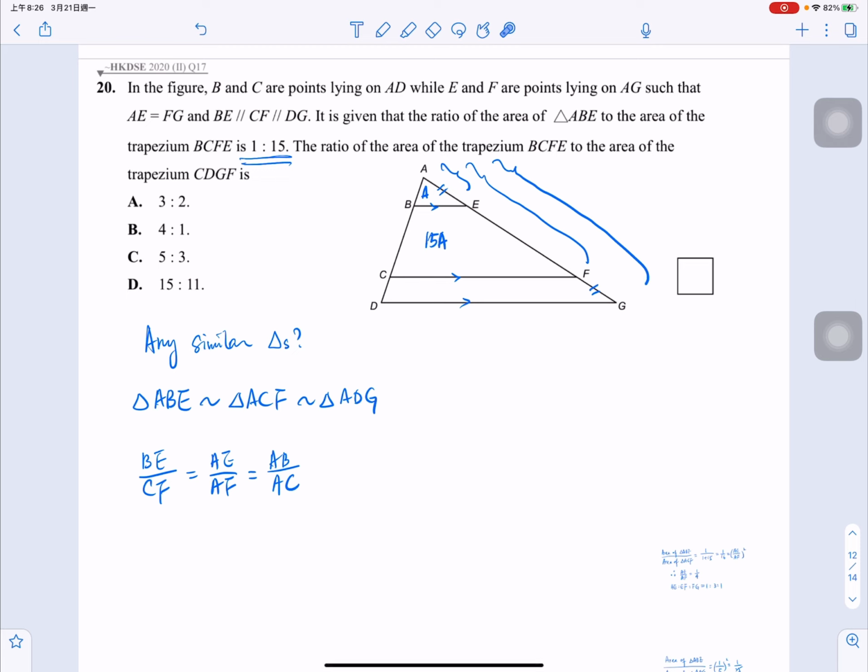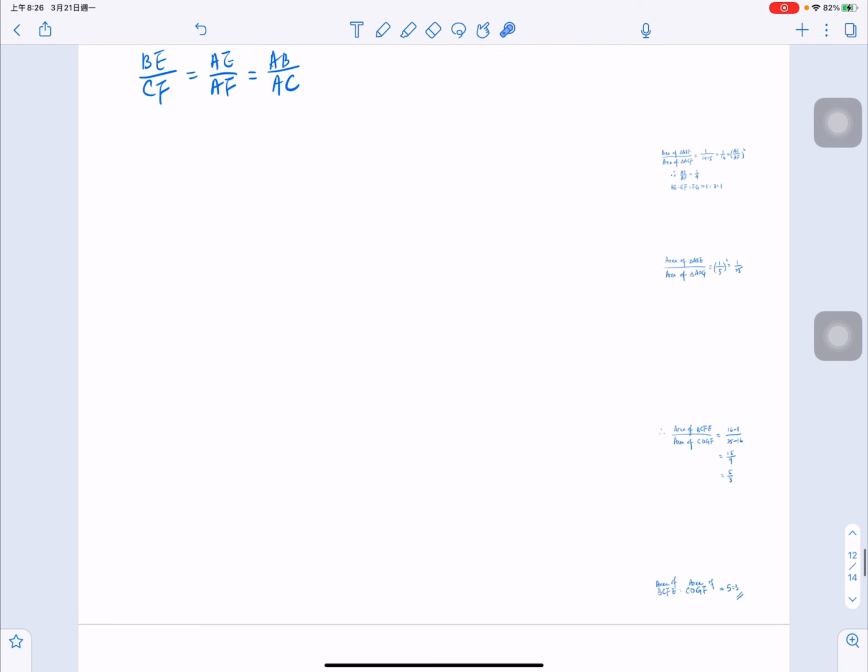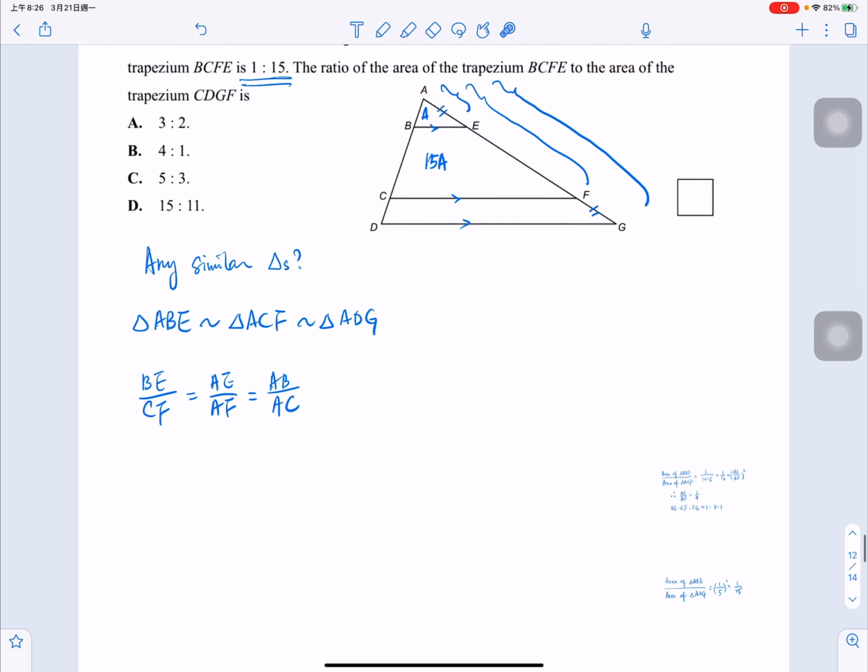No. The small triangle, the second triangle, and the biggest triangle. So length AE, and then the second length AF, and the third one AG. So let's see. If here is A to 15, then take the AE to AF ratio and take the square, which equals the area ratio.